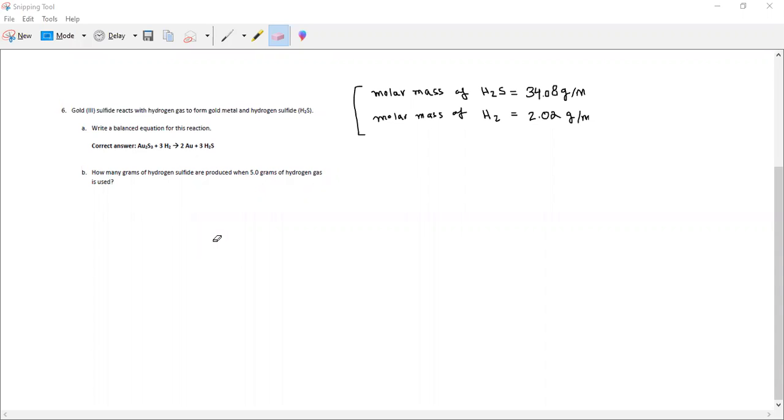But the idea is really to understand in general terms, when dealing with problems like this, why our approach is so effective.